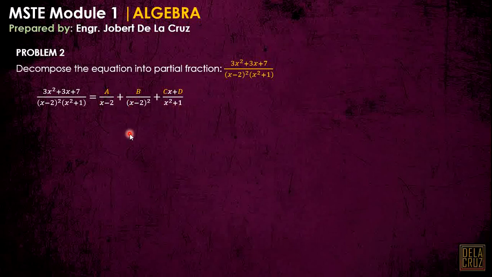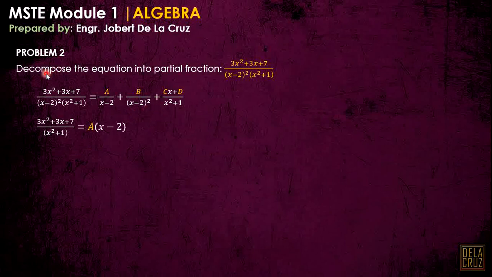Okay, in this case, ang una nating kukunin is yung B. X minus 2, take note, naka-squared yan. Okay, so you can see bakit uunahin natin to. You look at this. If I will get B first, I will multiply this whole term here by x minus 2 squared.